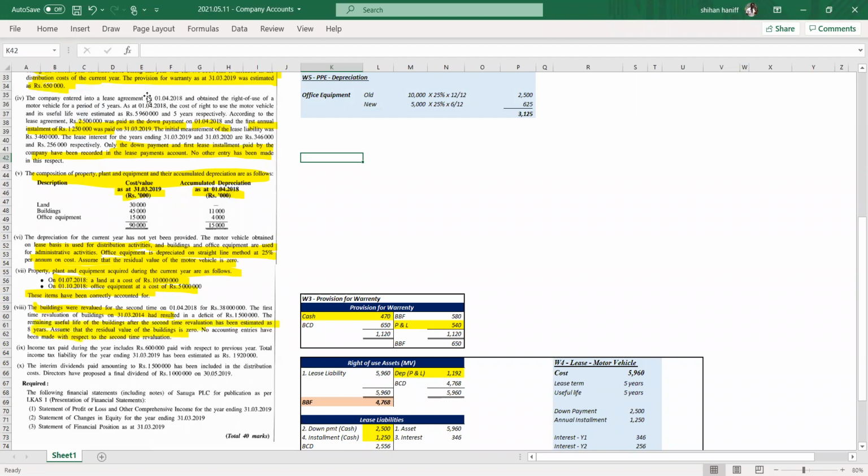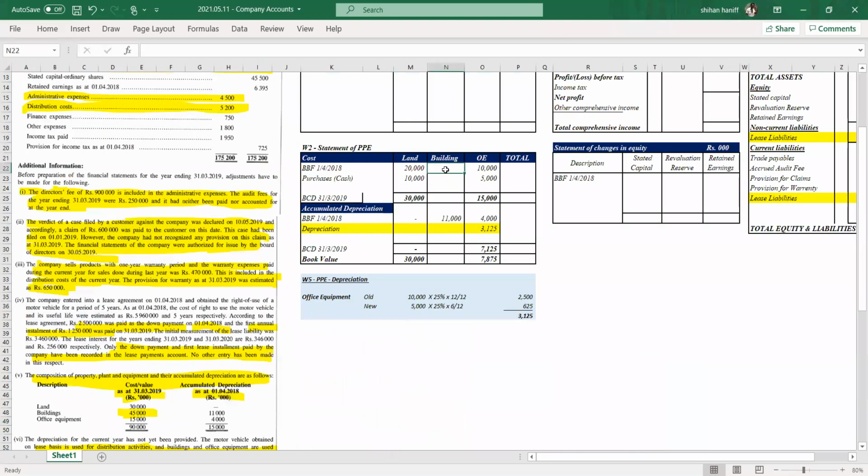Assume that the residual value of the building is zero. No accounting entries have been made with respect to the second revaluation. So the amount in the trial balance, 45,000, is the opening balance, right? The other two include the purchase. Therefore, we take it here.